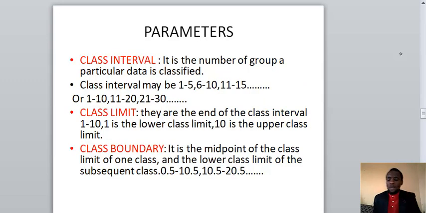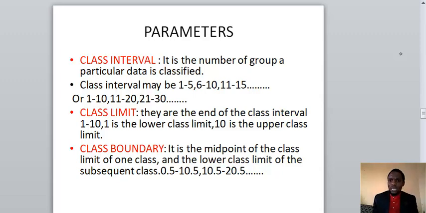Now, but we have parameters that we use in grouping this. One of it is the class interval. The class interval is the number of groups a particular data is classified into.